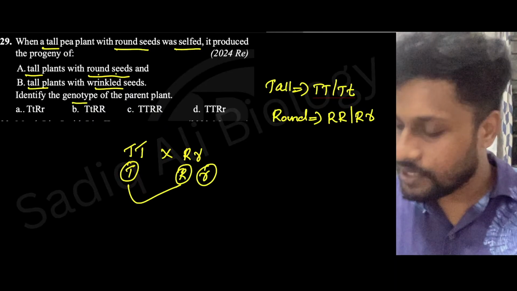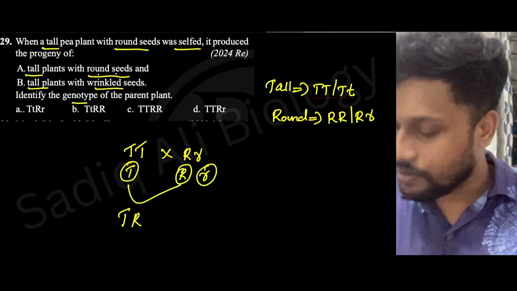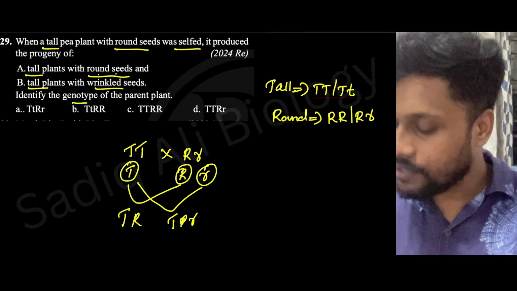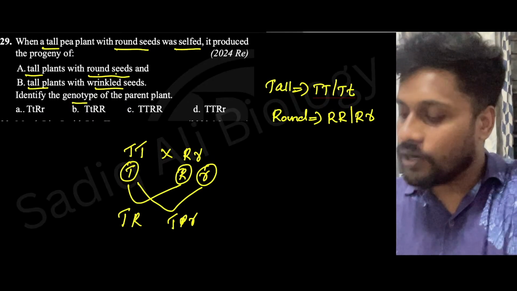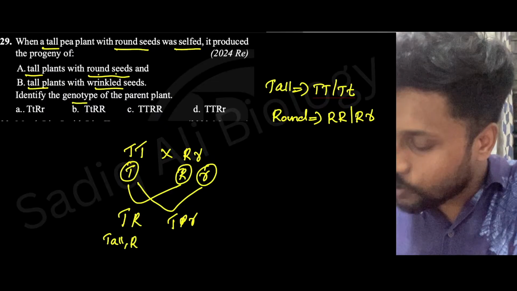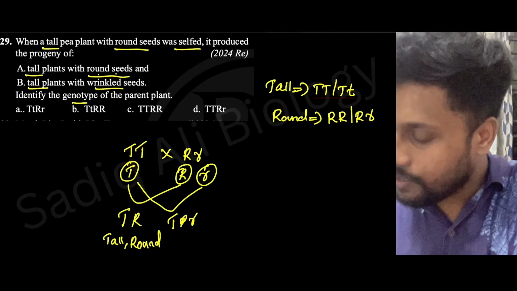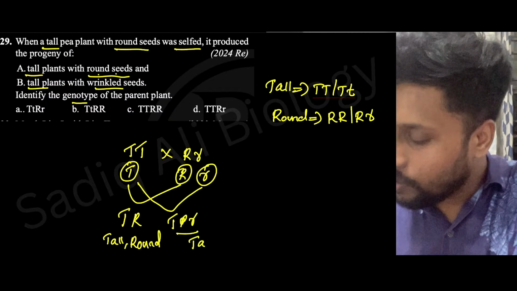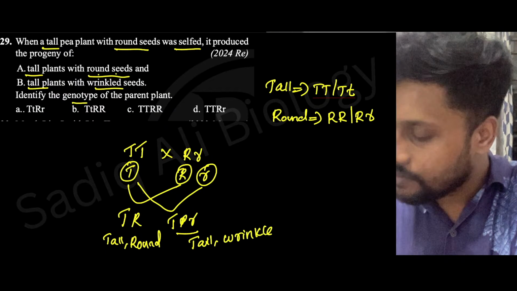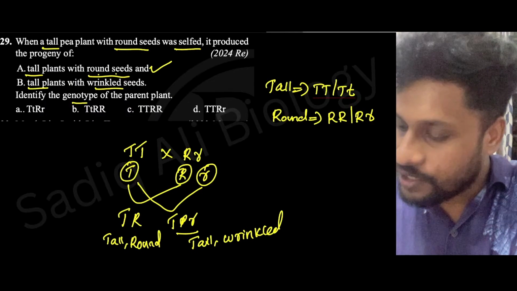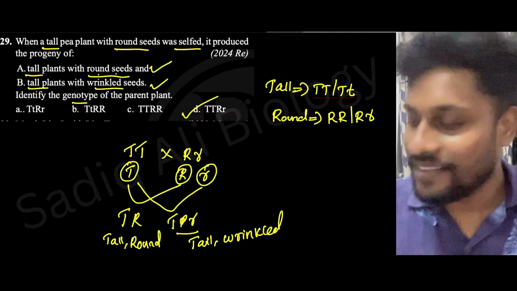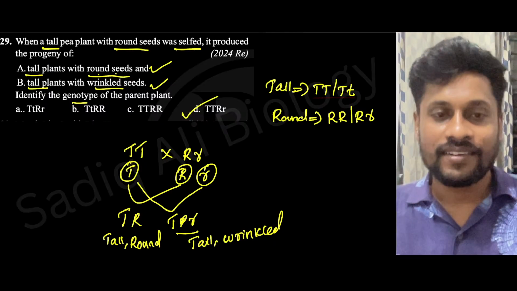If we cross, we get capital T, capital R and capital T, small r. What is capital T, capital R? Tall, round seed. Tall, small r means tall, wrinkled seed. Both are correct. So the answer will be option D. I am lucky, my guess was correct.